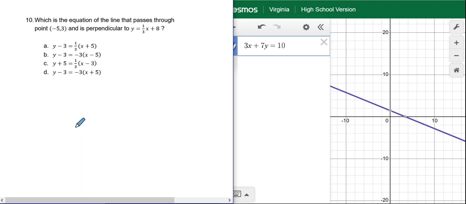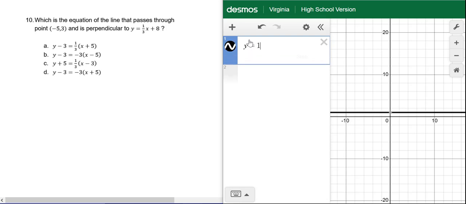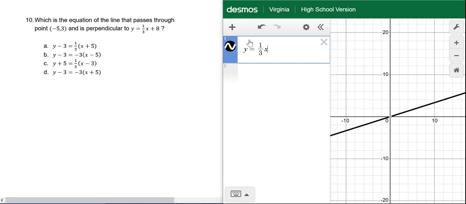Which is the equation of the line that passes through this point and is perpendicular to this line? Now I have this line here. Let me graph it for you. 1 over 3x plus 8. I have this line, and I'm looking for a line that's perpendicular, meaning it's cutting the graph at exactly 90 degrees.